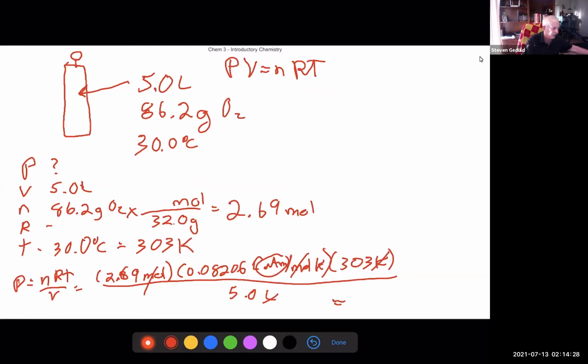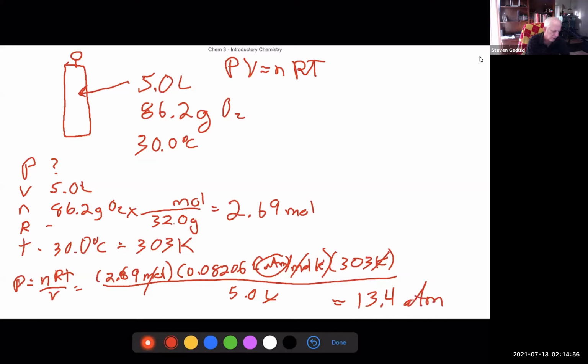Okay, so we take those numbers, multiply top, divide by bottom. We have 2.69 times 0.08206 times 303 divided by 5. It's going to equal 13.4 atmospheres of pressure.